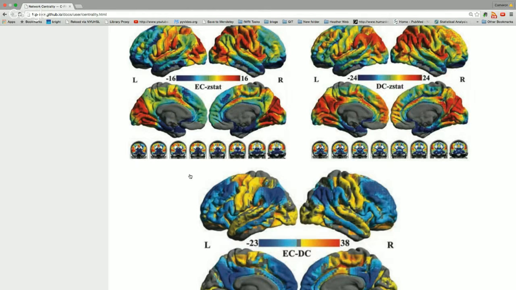So if I was to ask you what is the most important node in that network, how might you calculate it? One possible way is to say, well, let's look at the node that has the most connections to the rest of the brain, right? And that's called degree centrality. So with degree centrality, you go to each one of these nodes and you calculate the number of edges that come out of it, and you give it that number.